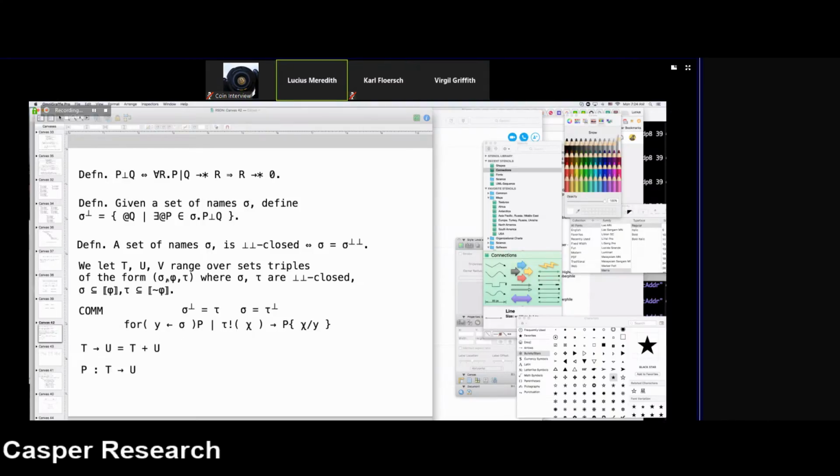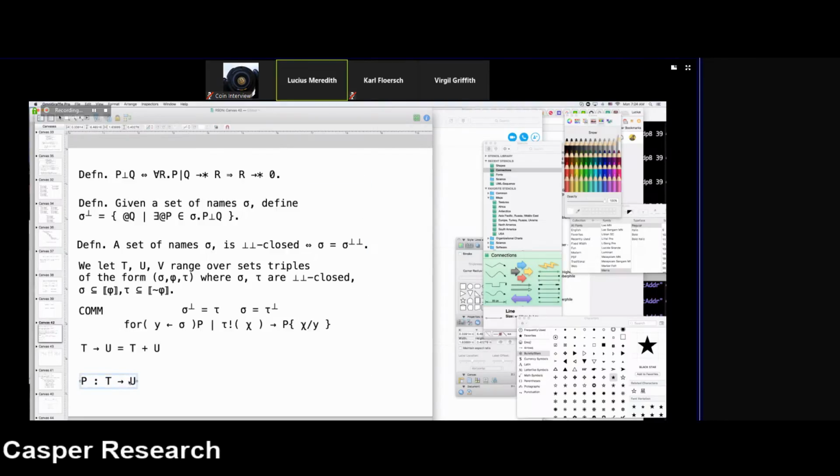I'm sorry, the sigmas in T don't intersect with the sigmas in U, and the taus in T don't intersect with the taus in U. They're disjoint. And in fact, we can go a little bit further, but for purposes of discussion, we don't need to do that.